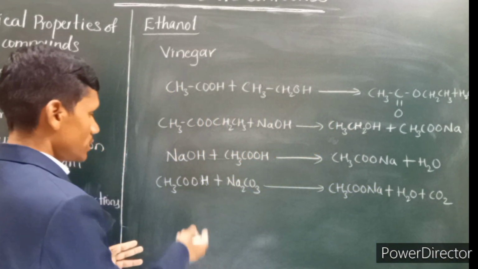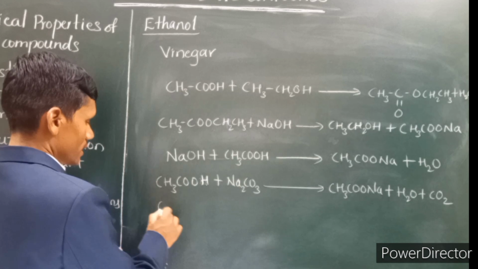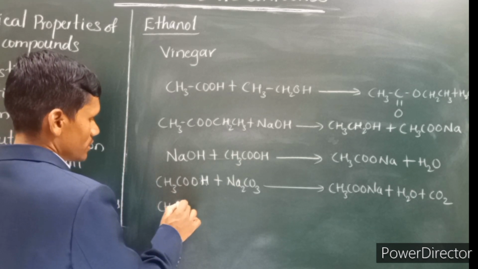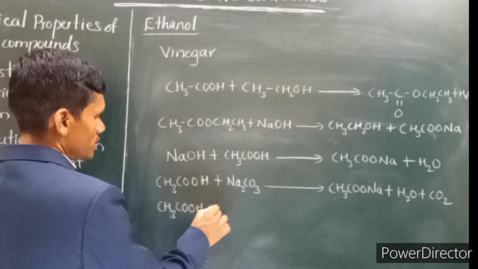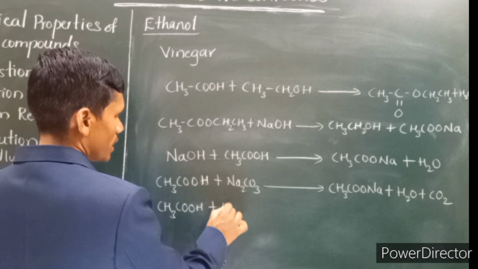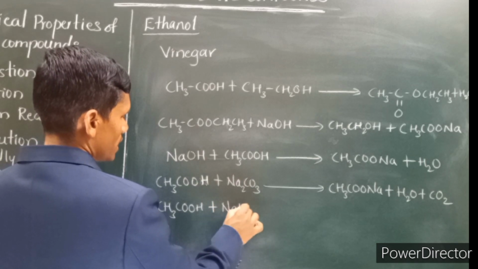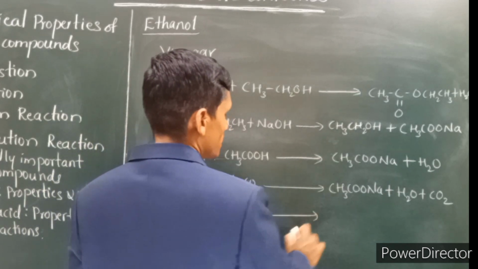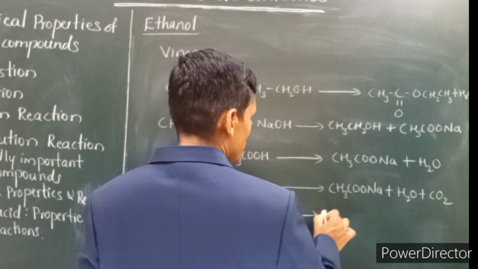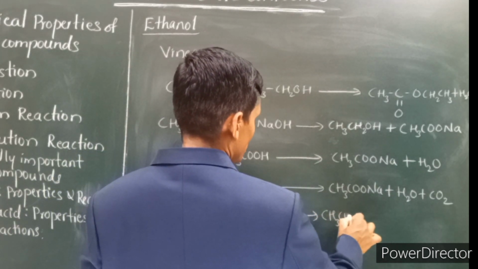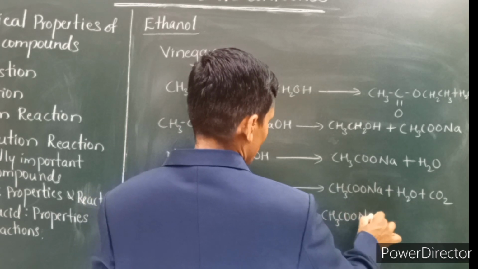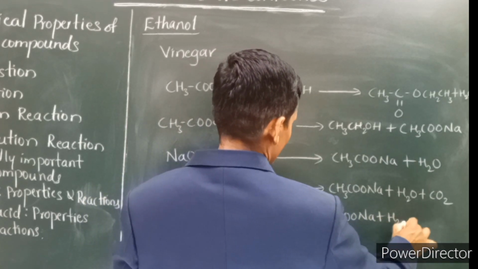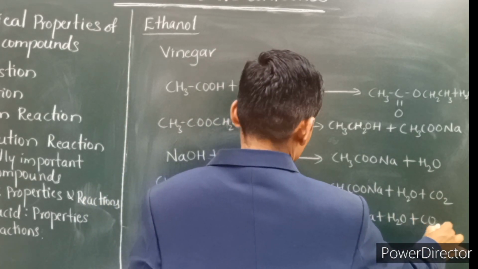And what about the reaction of ethanoic acid, CH3COOH, with sodium hydrogen carbonate, NaHCO3? What happens when it reacts with this? It also gives the same products, that is CH3COONa plus water and carbon dioxide.